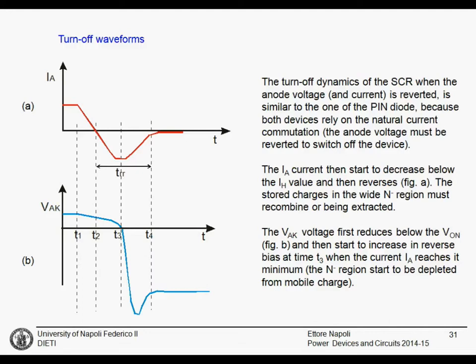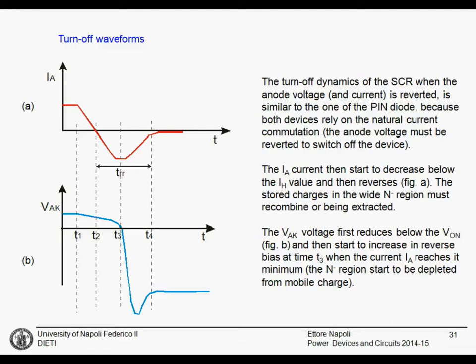There is lower plasma injection because the injection of plasma is from this P plus region holes injected here and N plus regions injected here. But since there is less area for the cathode, there is less injection. And this means that there is a reduced number of carriers, and this means that the device is faster. I can switch it on and off, switch off faster.